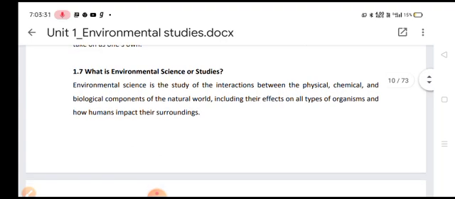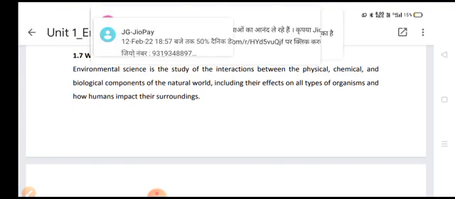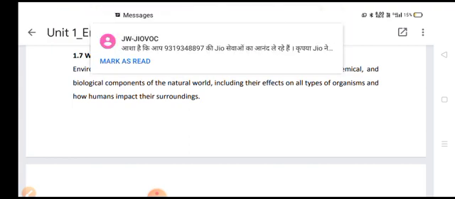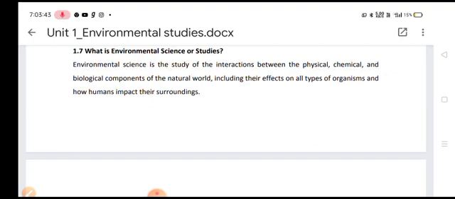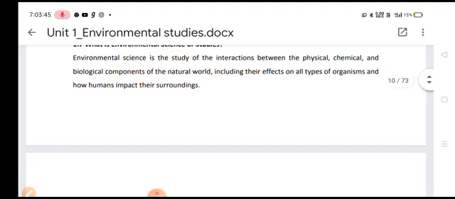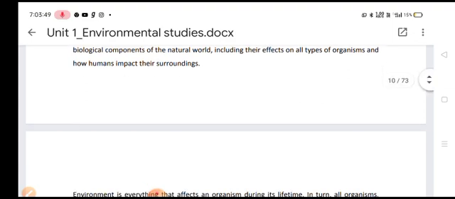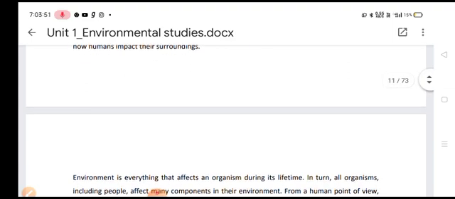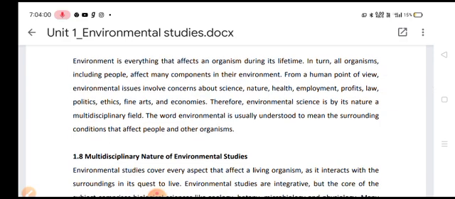What is environmental science or studies? Environmental science is the study of interactions between the physical, chemical, and biological components of the natural world, including their effect on all types of organisms and how humans impact their surroundings. Environment is everything that affects an organism during its lifetime. In turn, all organisms, including people, affect many components in their environment.